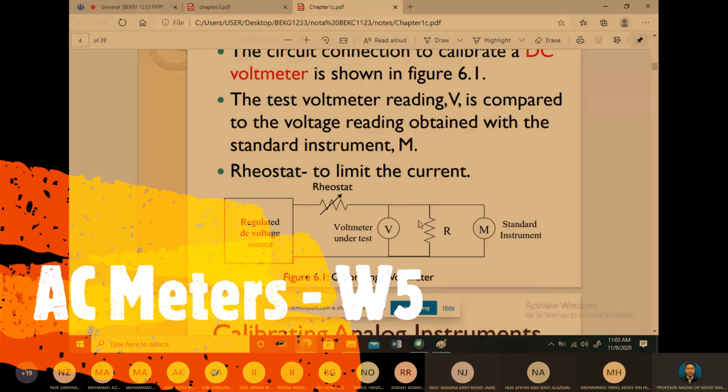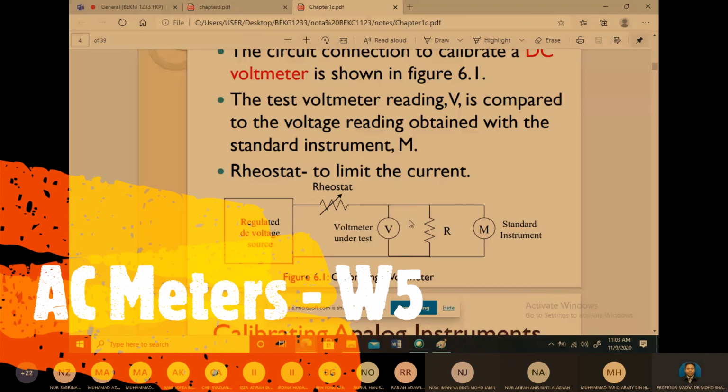We put the voltmeter under test here, and then we measure this one. As you know, the voltage in parallel will be the same. So the voltage here will be the same with this R and also this one. That's why we put it here, because voltage in parallel will be the same, and we just compare this voltmeter and this one.